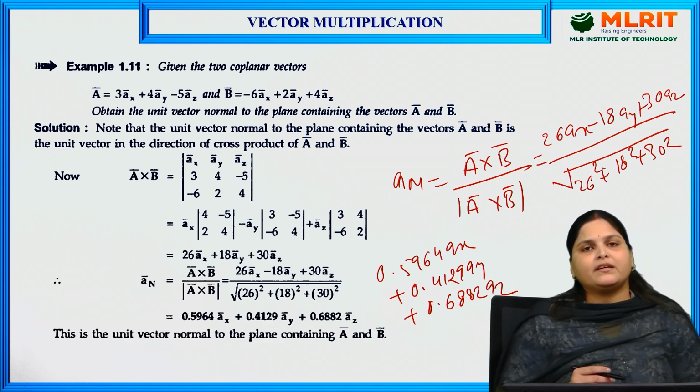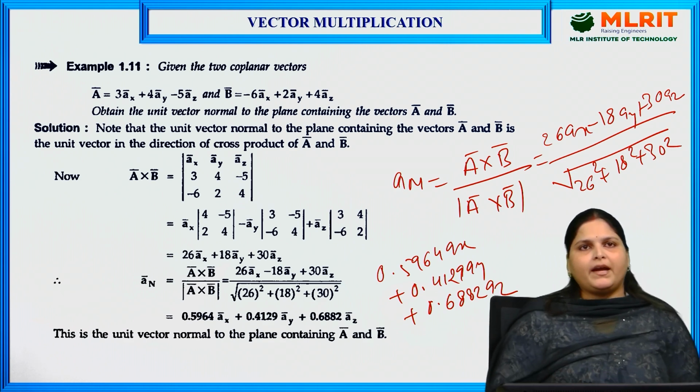This is the unit vector which is normal to the plane containing A and B.